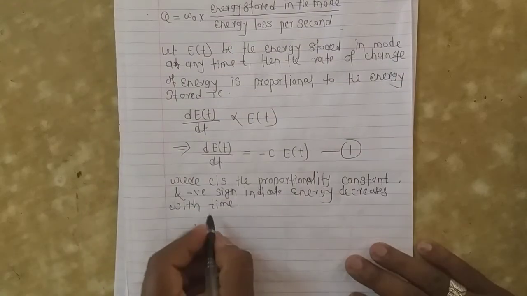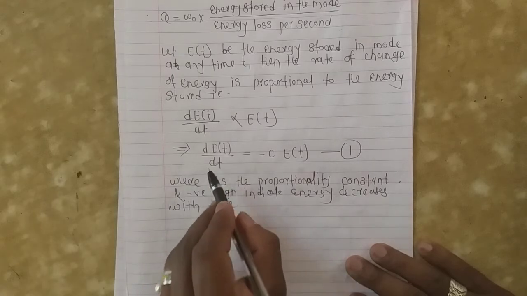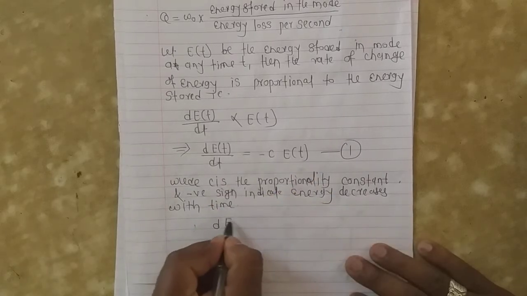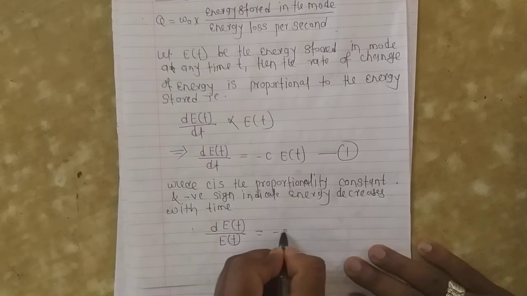Therefore in this equation, dt is transferred to the other side, and E of t is transferred to this side, giving d of E of t divided by E of t equals minus c dt.